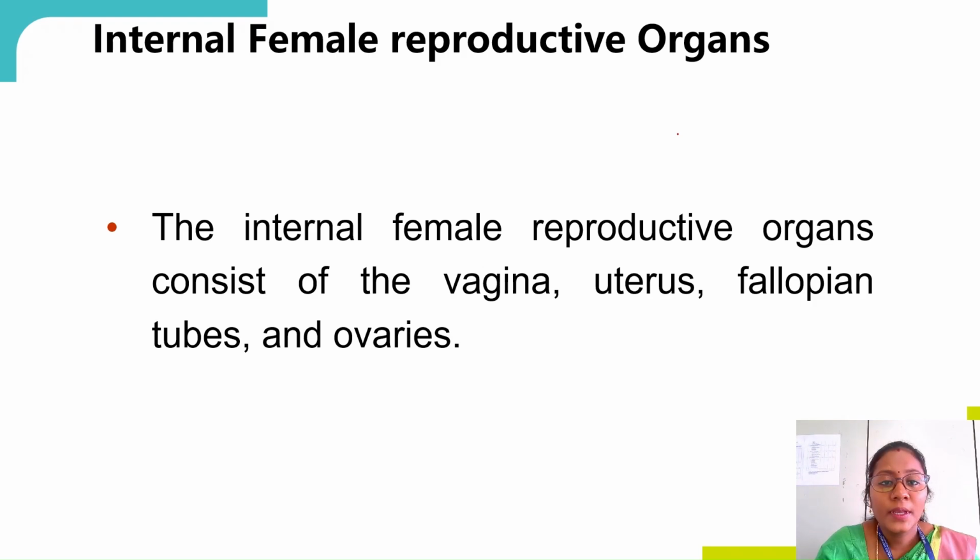Next class we will discuss the internal female reproductive organs: the vagina, the structure of the vagina, uterus, fallopian tubes and then ovaries.